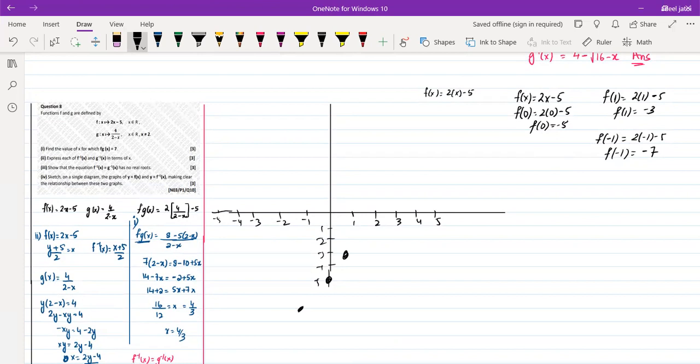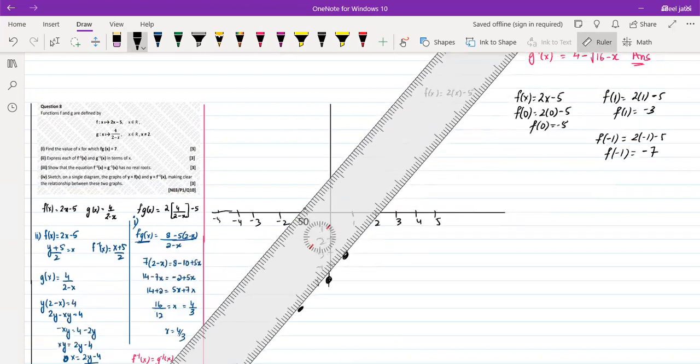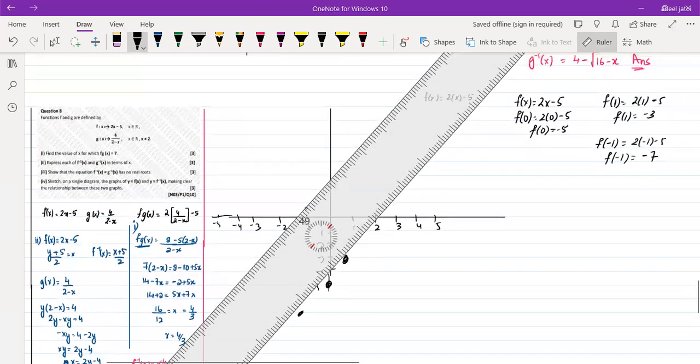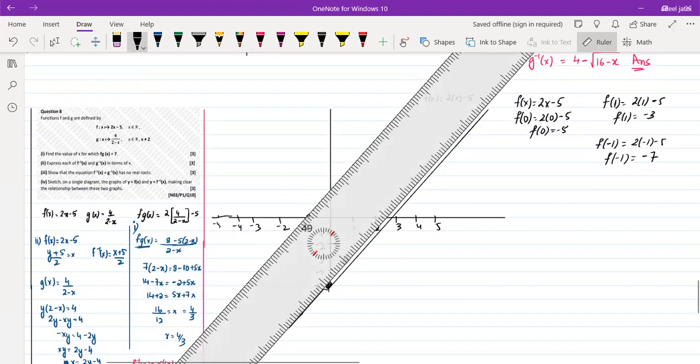If you note, the line of f(x), creating a straight line, will be going like this. So when the line of f(x) goes like this, you need to convert it through the y is equal to x line.